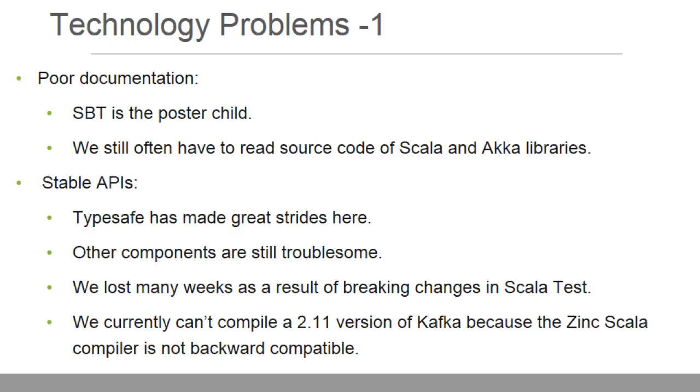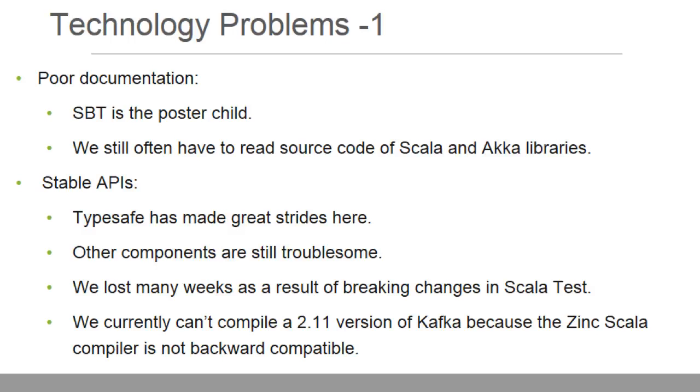Even the libraries that go along with Scala and Akka have mixed quality of documentation. We find ourselves not infrequently going and reading the source code of the Scala and Akka libraries to better understand them, and to us this is a failure of the quality of the documentation. The documentation should be good enough that I don't have to do that, at least very often.